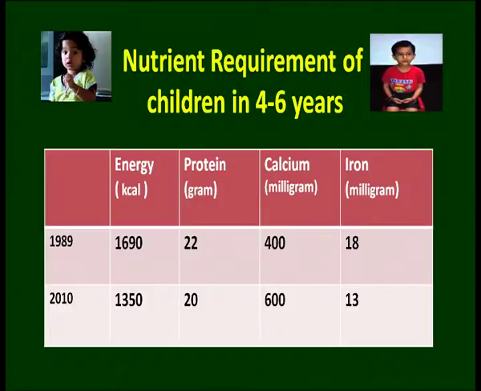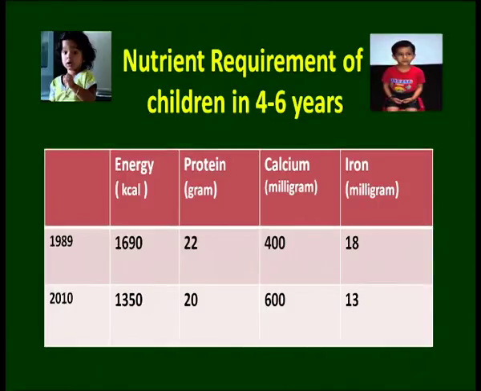So, the energy requirement for this age group is 1350 calories, 20 grams of protein, 600 milligram of calcium and 13 milligrams of iron.